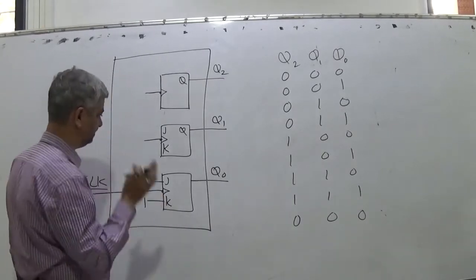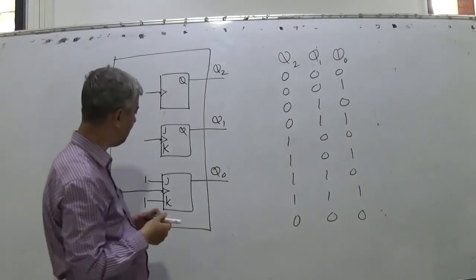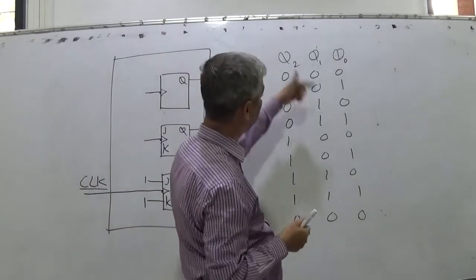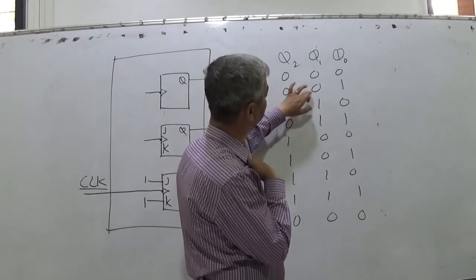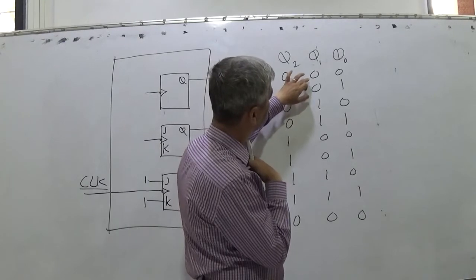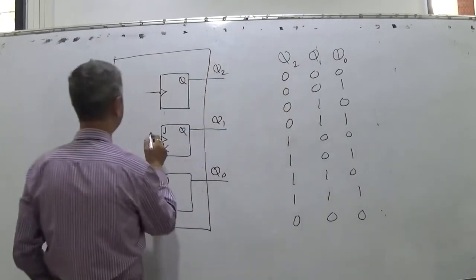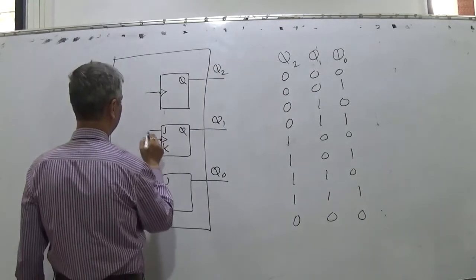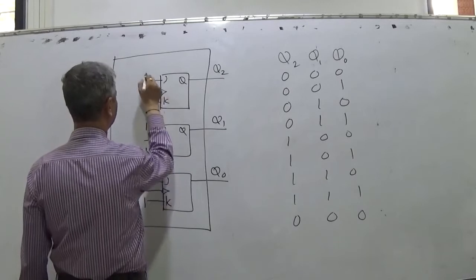I keep it fixed. Now I find that all are toggling. So I keep this as 1 and I keep this also as 1.